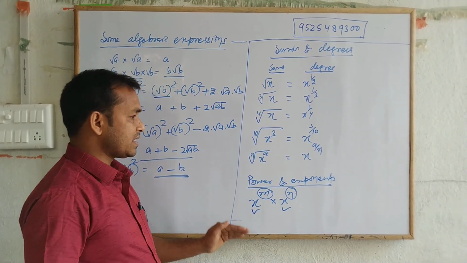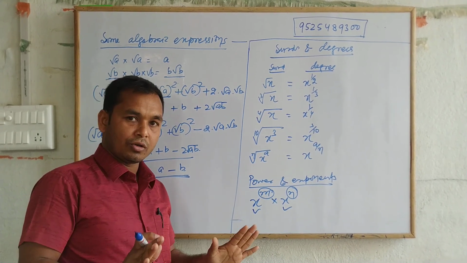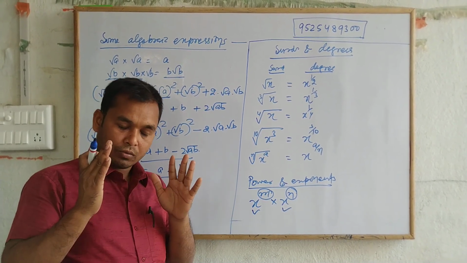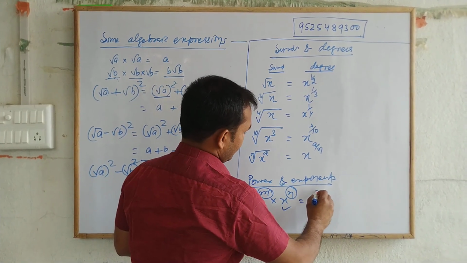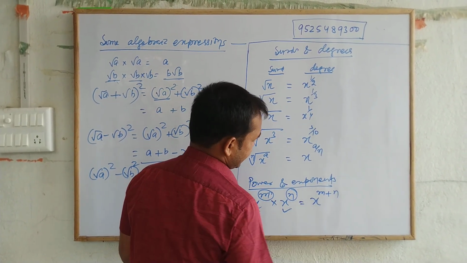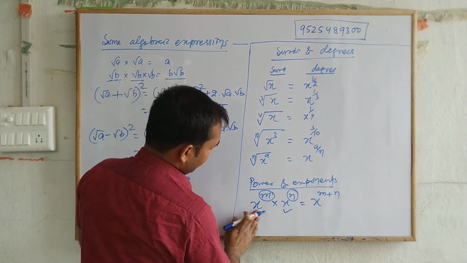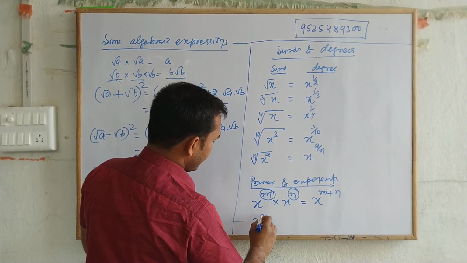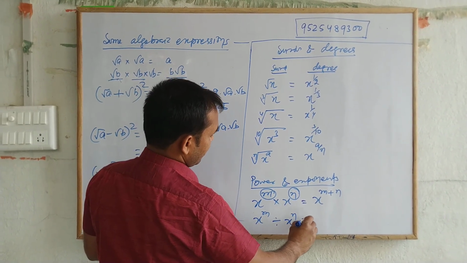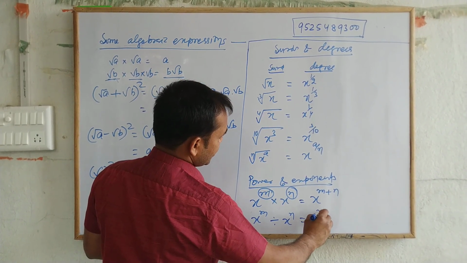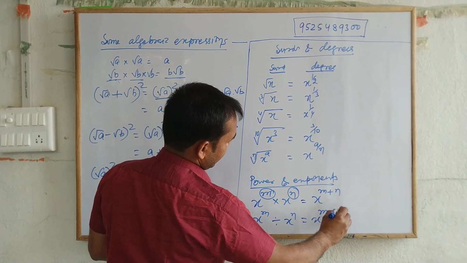If the bases are equal and the powers are not equal and they are in multiplication form, in this condition we add the powers, m plus n. Similarly, if they are in division form, x to the power m by x to the power n is equal to x to the power m minus n.